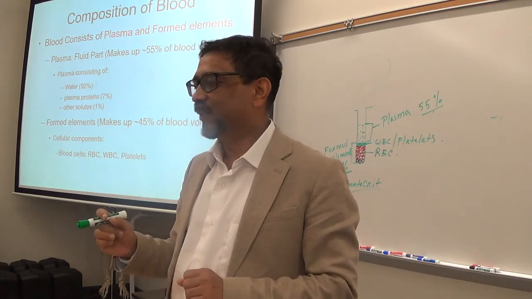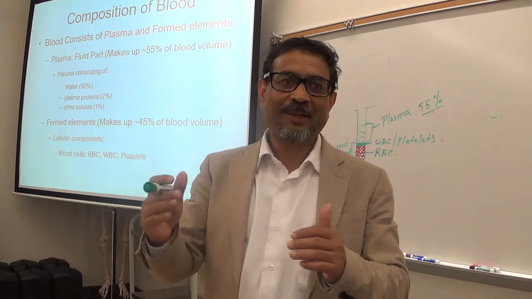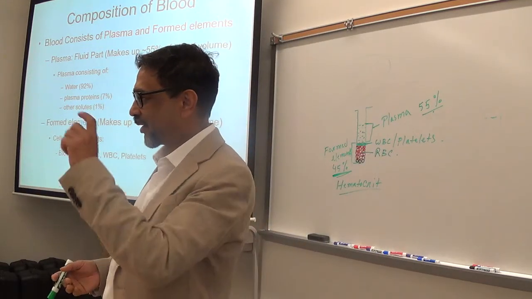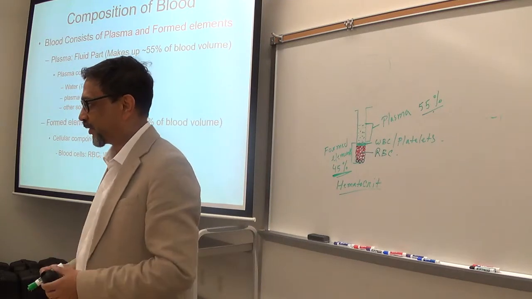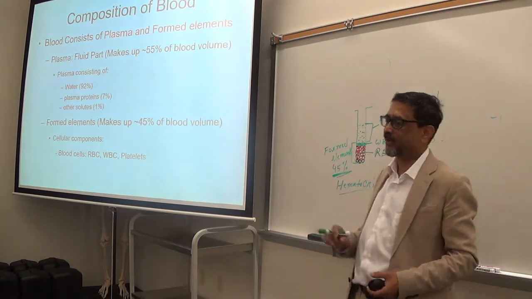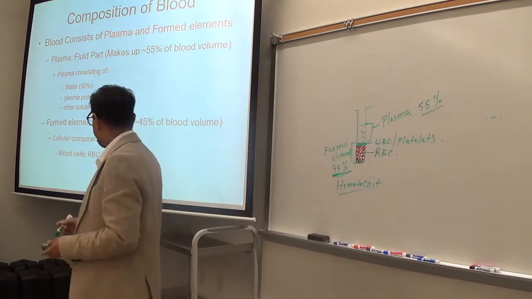Okay, so like 100 times more than white blood cells. Red blood cell count is 100 times more than white blood cells. That's why this hematocrit, 99% or more is given by the red blood cells.